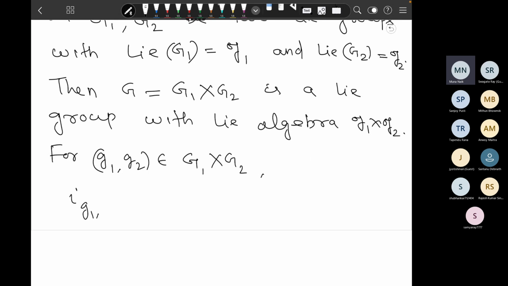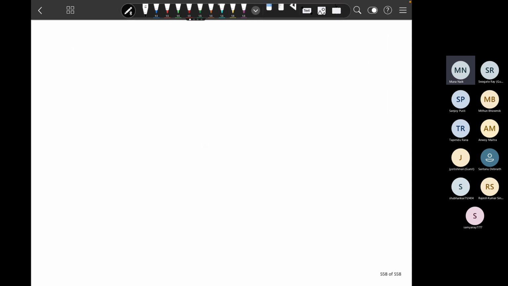So I_(G1,G2) is a map from G1 cross G2 to G1 cross G2 given by I_(G1,G2) applied on (H1, H2).